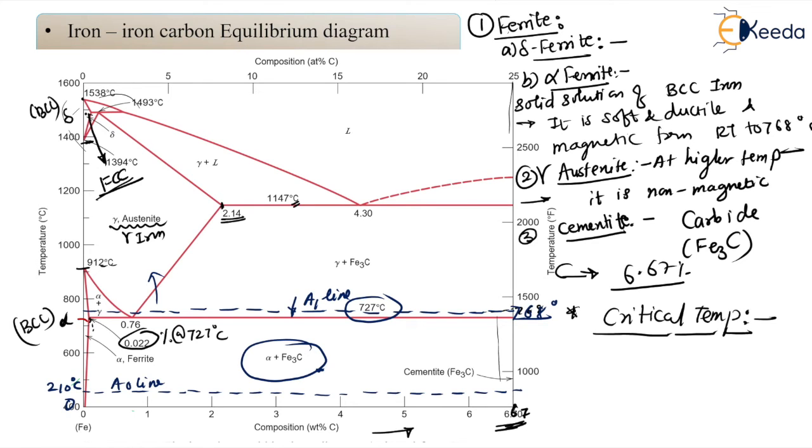So actually this is the temperature at which the ferromagnetic ferrite becomes paramagnetic. This ferrite, that is ferromagnetic ferrite alpha, will become paramagnetic at 768 degree centigrade. This is the A2 line dear student.